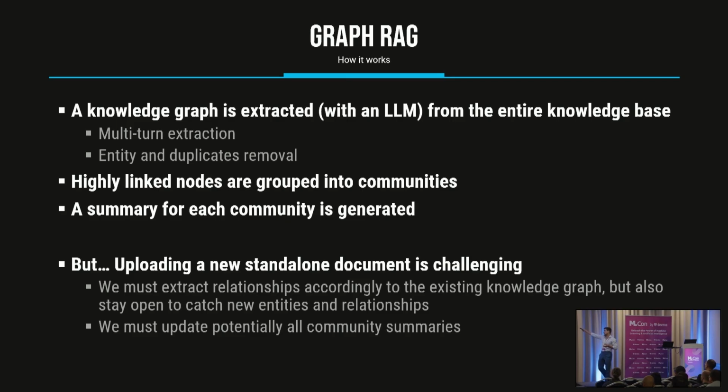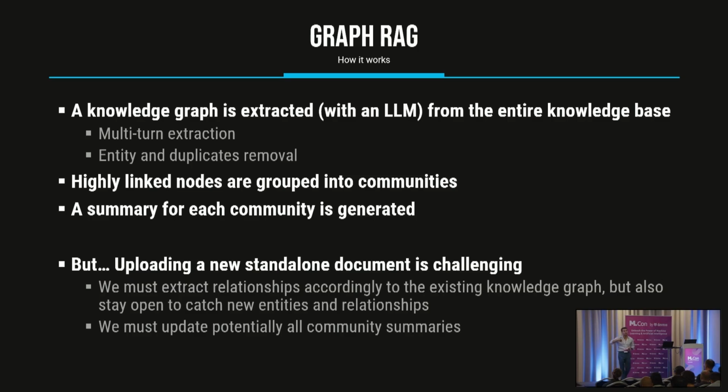How does it work? It works by extracting a knowledge graph with an LLM from the entire knowledge base. Of course, two attention points are the multi-turn extraction. It's very unlikely that the model extracts all the relationships and entities in just one step, so multi-turn extraction. And be careful about entity and duplicates removal and new entities.